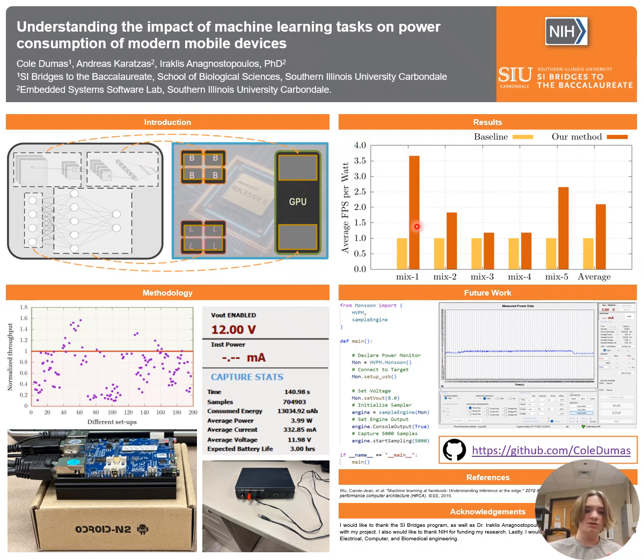So what we have here is test 1. It shows it did almost 3.6 times better than the baseline, and everything else here, almost 2 times, and so on, it's just going all the way. And the average, using our method with the Python API, we were able to get just over 2 times better.